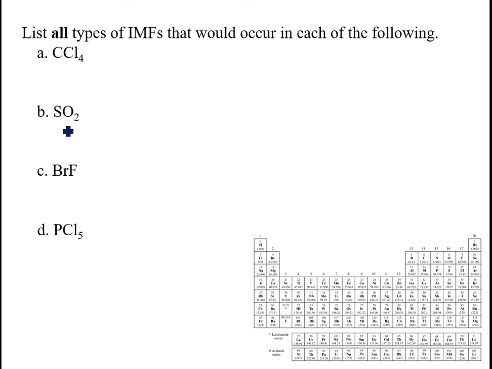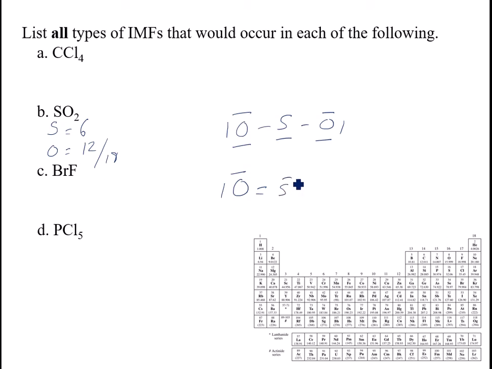All right, for sulfur dioxide, sulfur has 6. Oxygen has 6 and there's 2, so it's 12. That gives me 18. Sulfur is my center atom, so there's 2 and 4, 6, 8, 10, 12, 14, 16, 18. Just because of proper drawing, this only sees 6, so it's going to form a double bond. It doesn't matter which oxygen. It has a resonance description, but that doesn't matter.